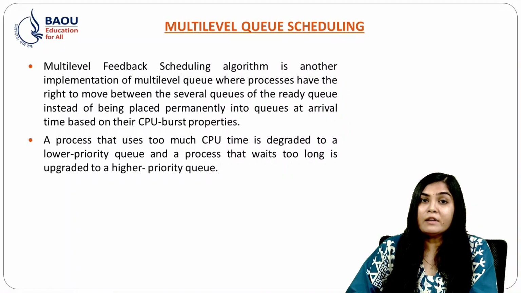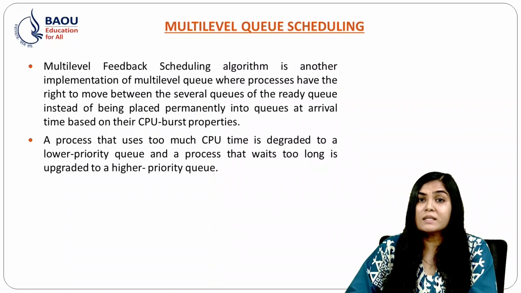So, a multi-level feedback scheduling algorithm is another implementation of multi-level queue where processes have the right to move between the several queues of the ready queue instead of being placed permanently into queues at arrival time based on their CPU burst properties.